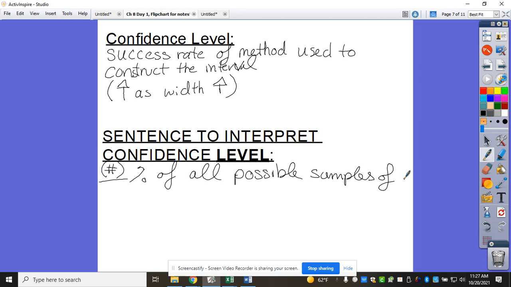We've dealt with this portion of what's really important before in 2 different categories. It's all possible samples of what? It's not just in general all samples I can make, but it's all possible samples of that specific size, of size n, written in context.